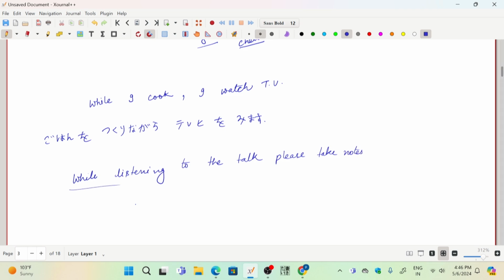So while listening to the talk will be hanashi o kiki nagara. Take notes will be memo. Memo o shite kudasai. Memo is to take note.